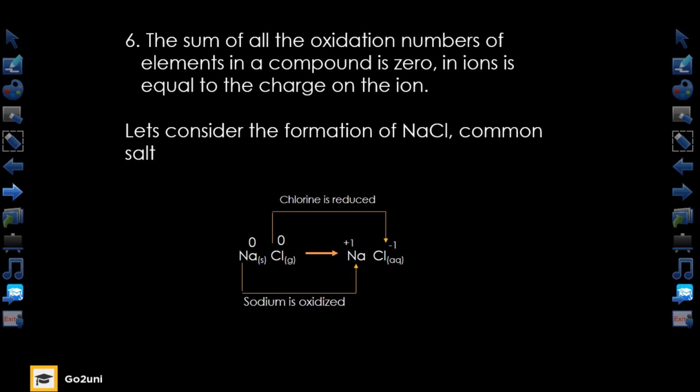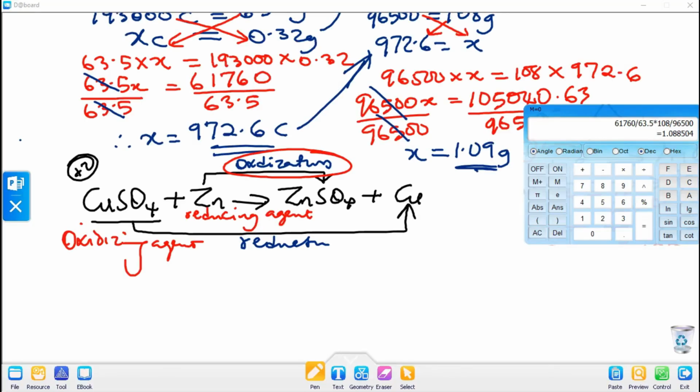Now, the sodium ion and chloride ion will be expressed in terms of oxidation and reduction. So let's look at sodium chloride going to sodium ion and chloride ion.